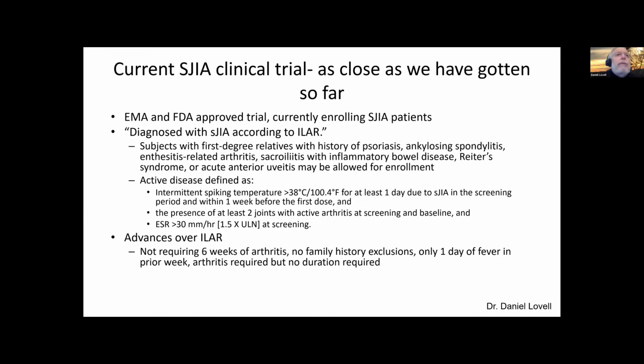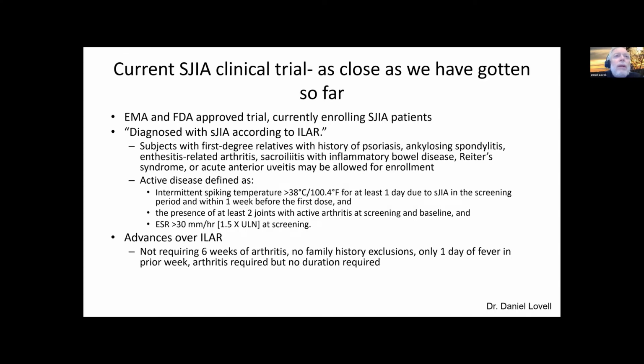And the first thing that happened was that we eliminated the requirement in ILAR that has to do with autoimmune diseases in first-degree relatives.